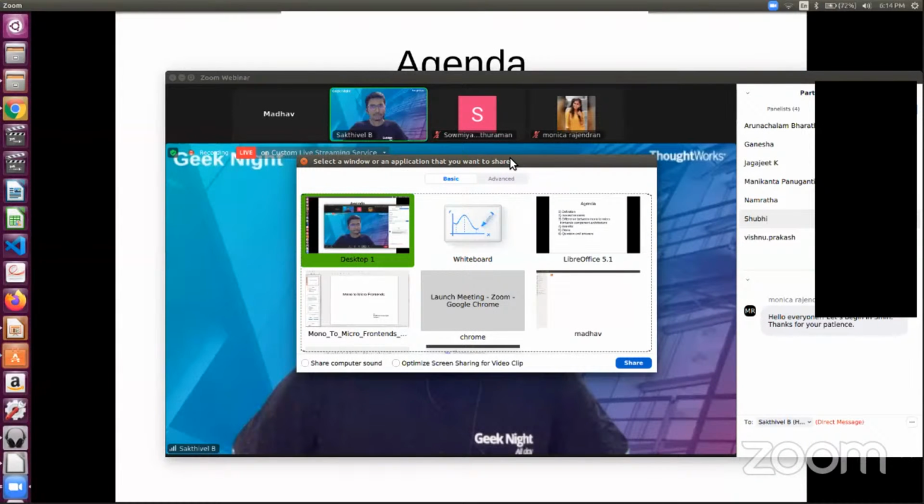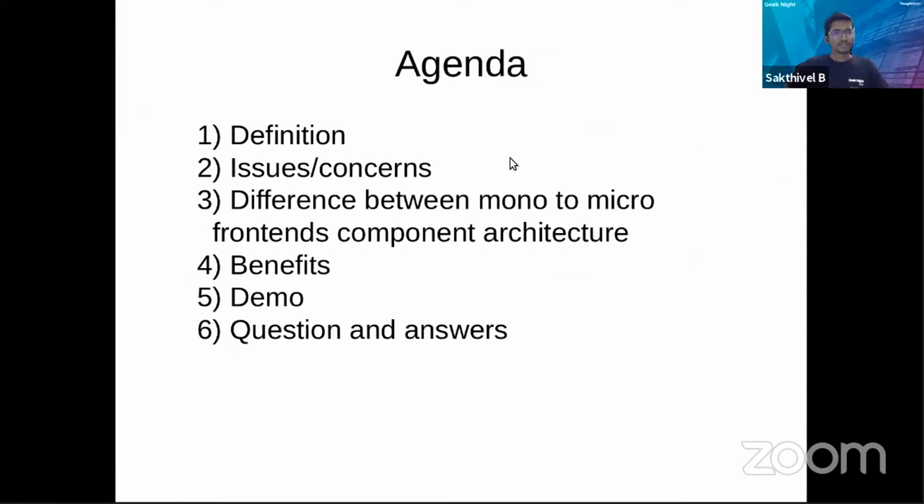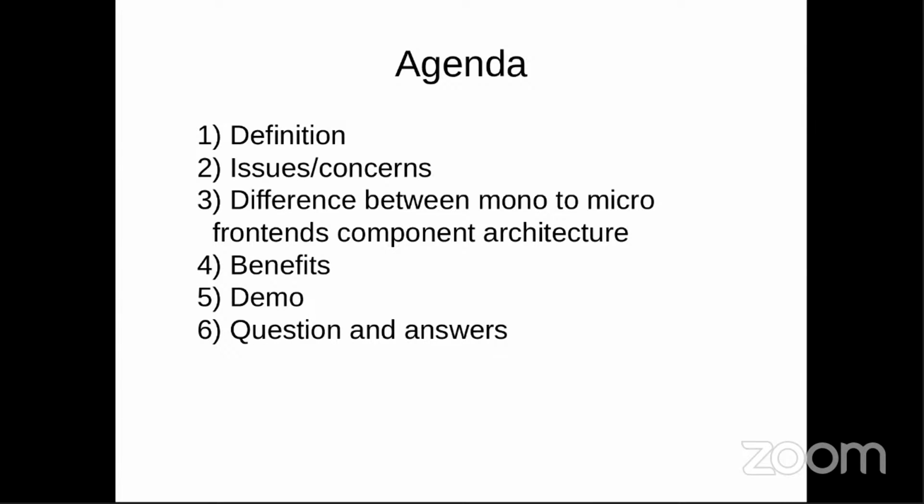Is it fine now? Are you looking at the agenda screen? We are able to see the agenda now. Okay, well and good. So let me quickly reiterate the agenda.